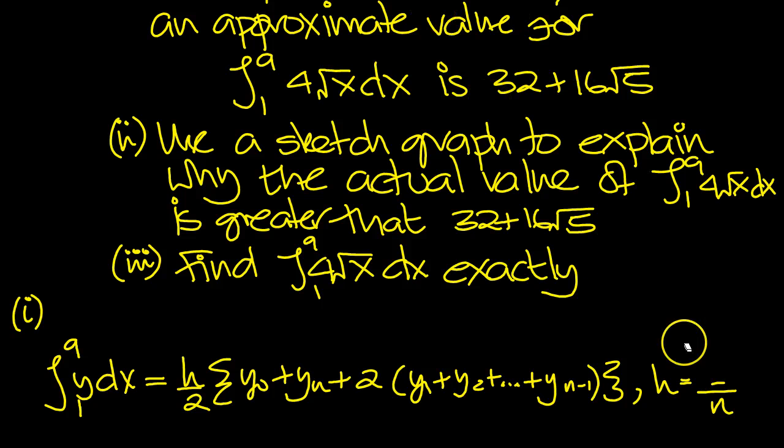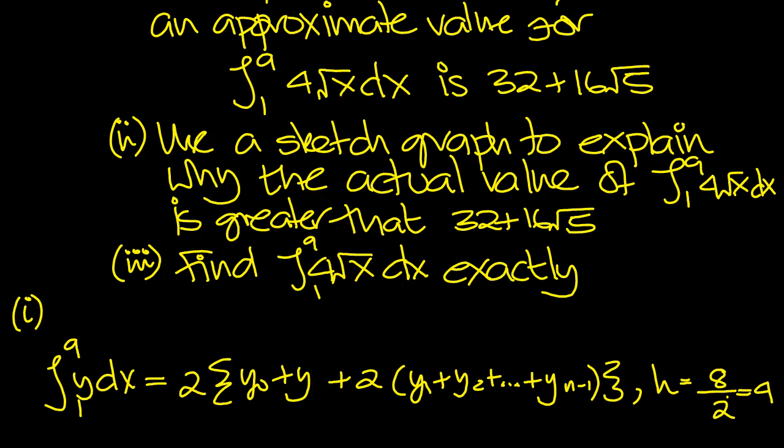Now the number of strips is 2, wasn't it? So b minus a was 8, number of strips is 2, so h is 4, as was stated. So we can put 4 over 2 in here, so I'm just going to replace that by 2. And then we've got y0 plus, now there's 2 strips or 3 ordinates.